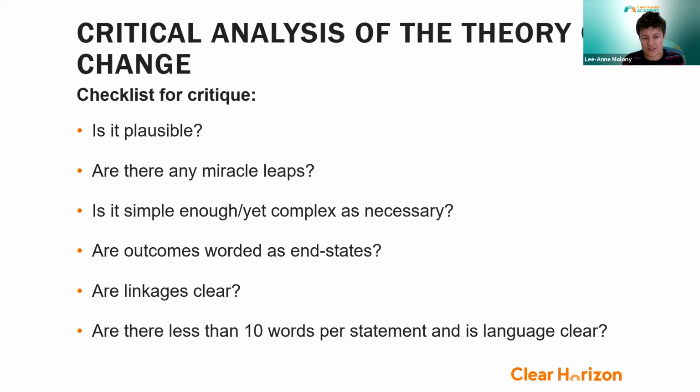And are there, this is just something that we've decided, less than 10 words per statement, okay? You don't want paragraphs in your theory of change model. You want some clear, very short statements of outcomes that make it easy to read your theory of change. And is the language clear?